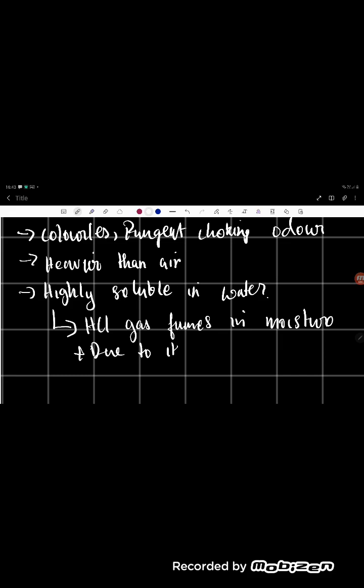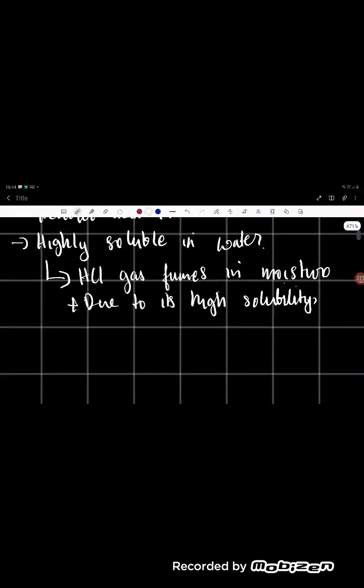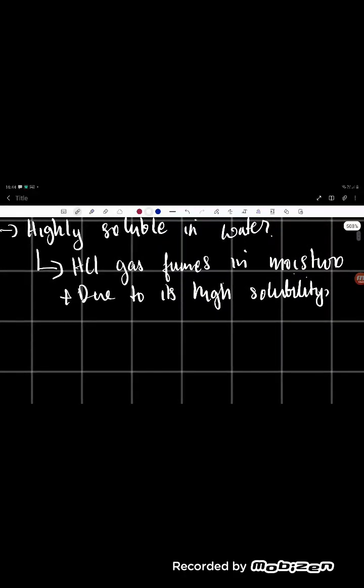Due to its high solubility, HCl gas fumes in moisture and it forms a mist of droplets of HCl acid.